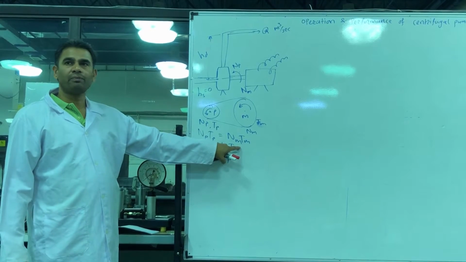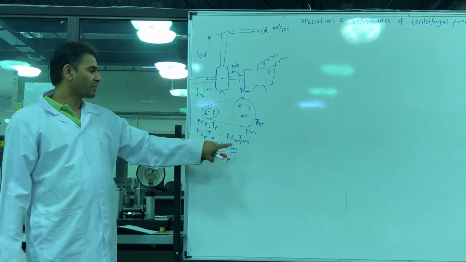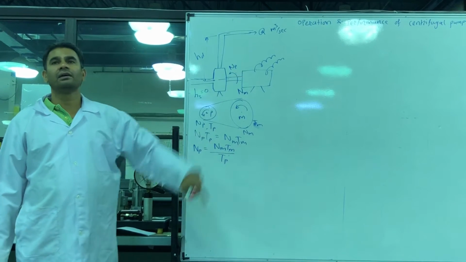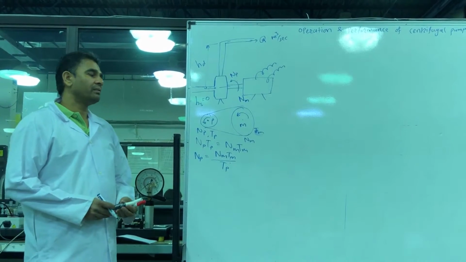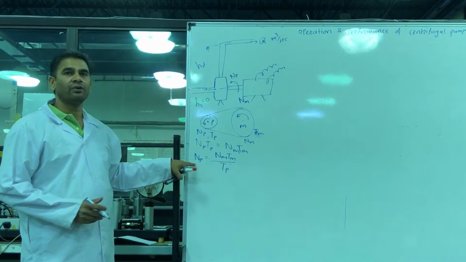We can measure the number of teeth on the gears, and the RPM we can take from the RPM meter. We measure the speed and we can find NP.